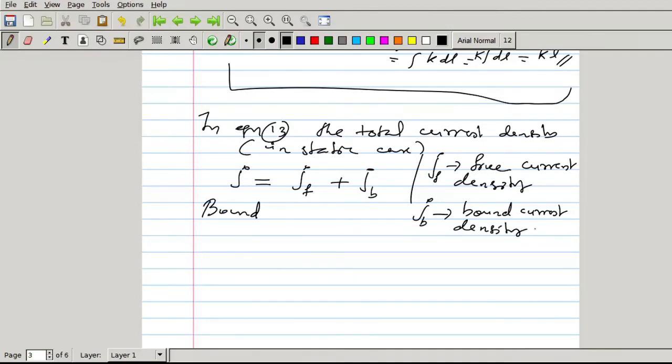The bound current density JB is given by del cross M.